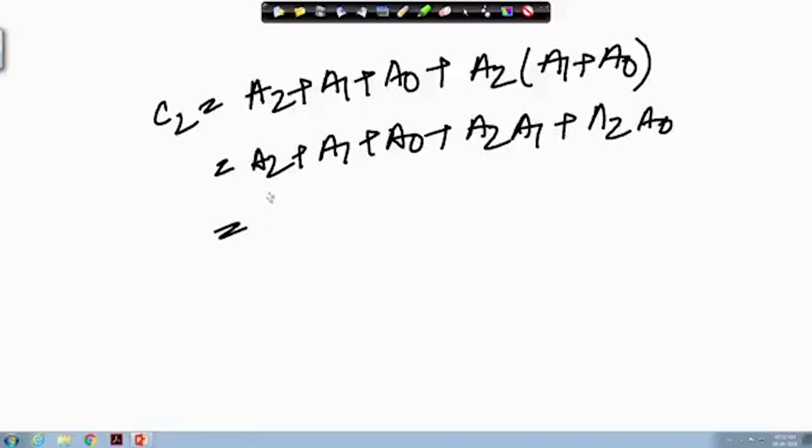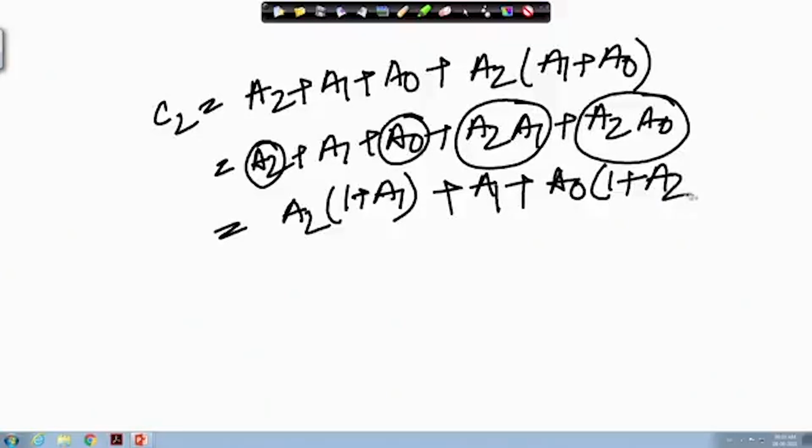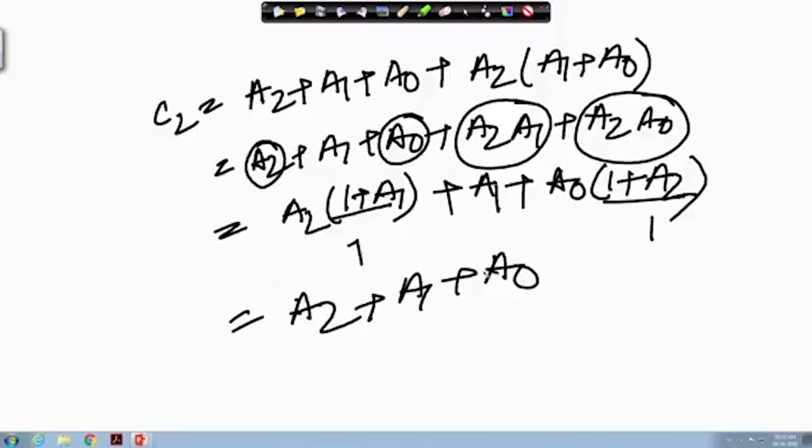Then again if I take A2 common from these terms, A2 plus A into A1, and if I take A0 common, A1 remains the same. So, A0 is common, 1 plus A2. So, 1 plus A1 is nothing but 1 and 1 plus A2 is nothing but 1. So, now C2 becomes A2 plus A1 plus A0.